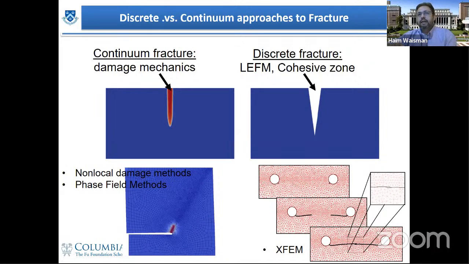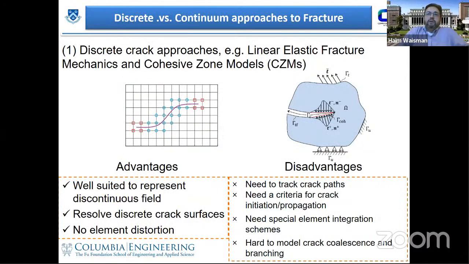And so each of those methods have pros and cons, right? Let me go very quickly over those. Then I wanted to give this lecture and talk about each of those methods separately. So for example, if we talk about discrete fracture methods, such as extended finite element method and so on, those are well suited to represent discontinuities.